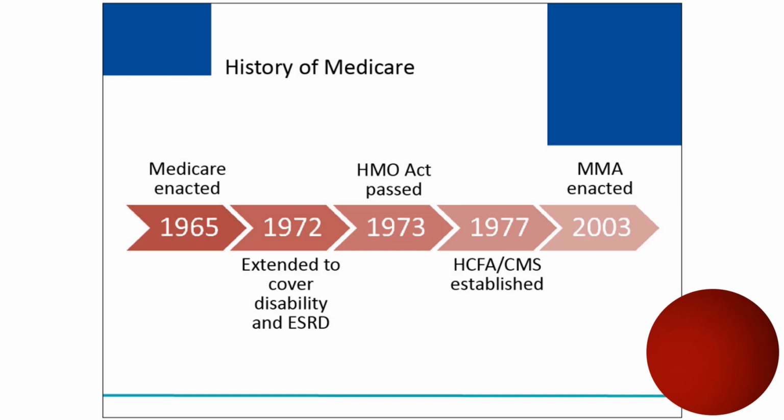In 1973, the HMO Act provided for startup grants and loans for development of health maintenance organizations, or HMOs. The Healthcare Financing Administration, now known as the Centers for Medicare and Medicaid Services, was established to administer the Medicare and Medicaid programs in 1977.